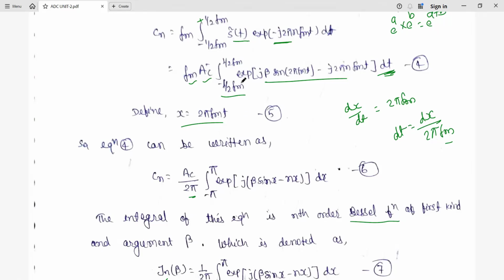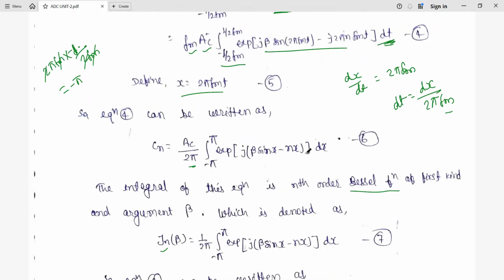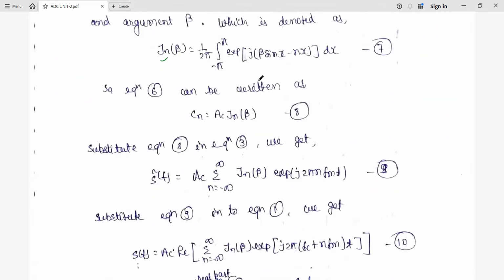Similarly, what was the t expression here? We multiplied t by 2 pi fm. So this is minus 1 by 2 fm. Finally, fm will cancel, 2 will cancel, so we get minus pi. Similarly, the upper limit becomes plus pi. So this Bessel function you need to remember.